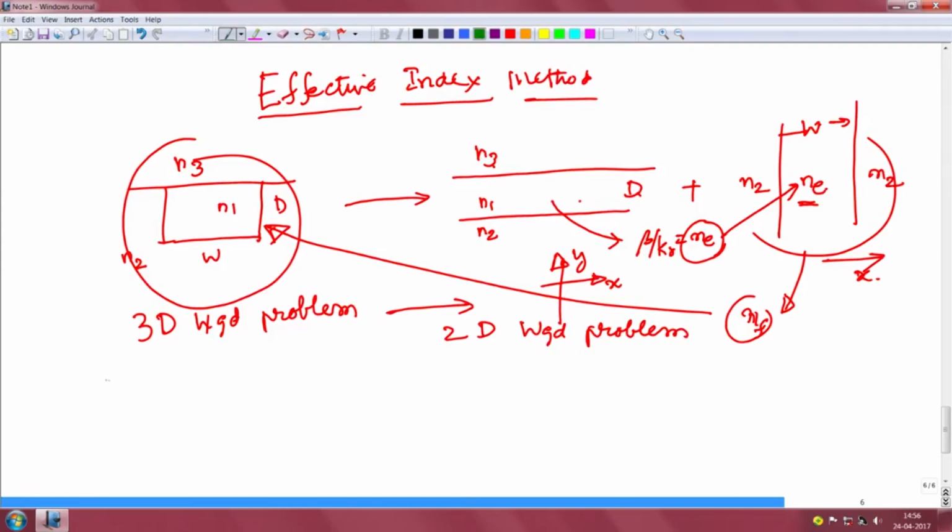For example, when two waveguides are close together, it is much more complicated to analyze. Suppose you have a problem like this, two waveguides close together, this is called a directional coupler problem.